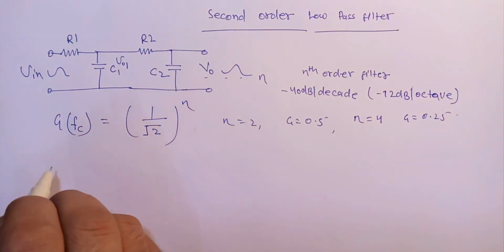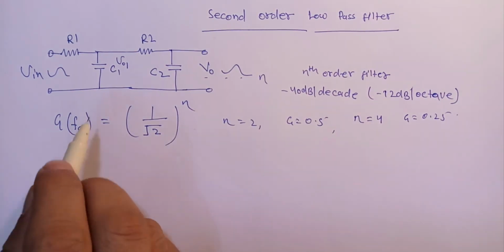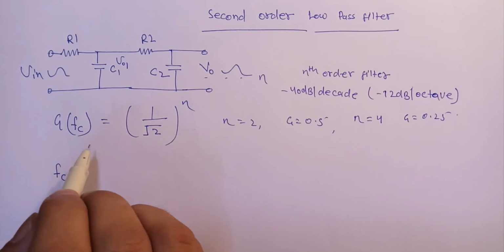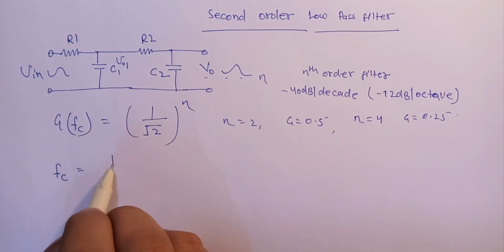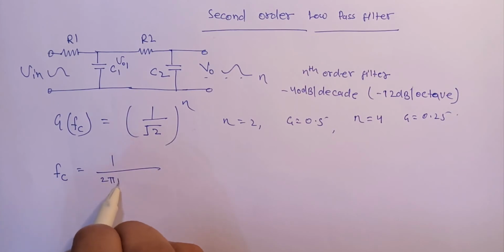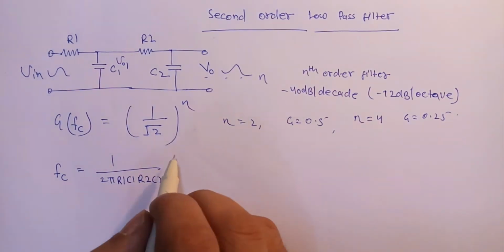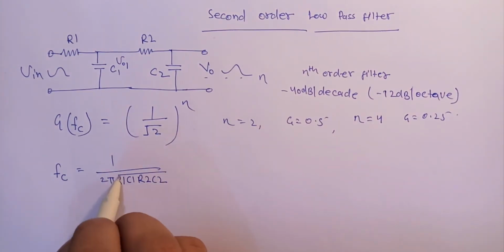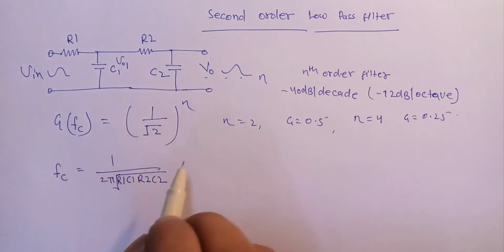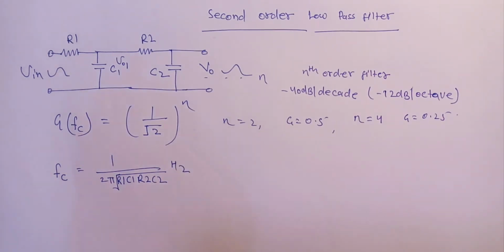Similarly, the cutoff frequency or 3 dB frequency of a second order filter can be derived as 1 upon 2 pi root of R1C1R2C2 hertz.